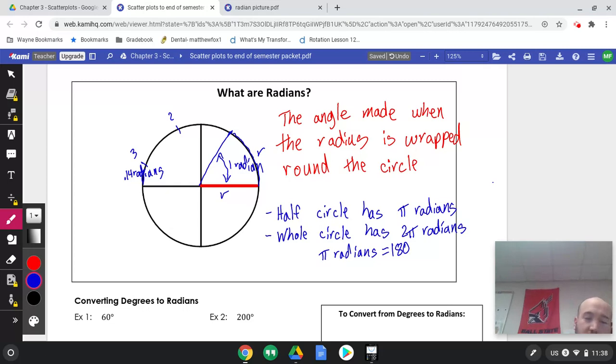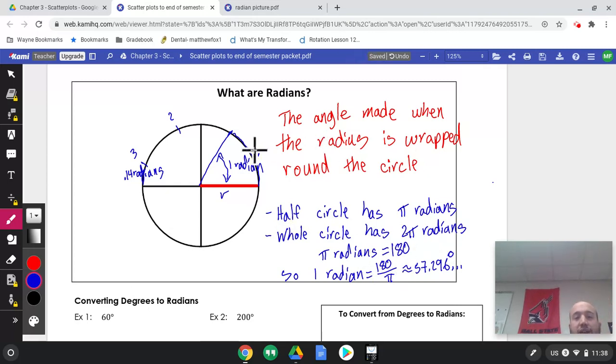Now that means 1 radian, if we divide both sides by pi, pi divided by pi on the left side gives us 1, so 1 radian would equal 180 divided by pi, which is about 57.296, keeps going, degrees. That's our approximation.